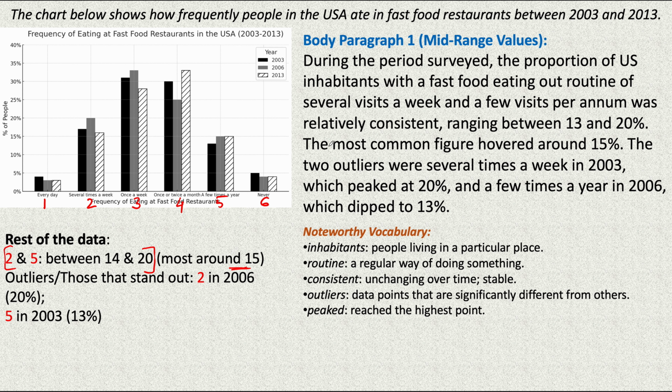So we mentioned that. The most common figure hovered around 15%. After that, we mentioned the two that are different. That is, they are data points which are significantly different from others. The two outliers were several times a week in 2003, which peaked at 20%, and a few times a year in 2006, which dipped to 13%.